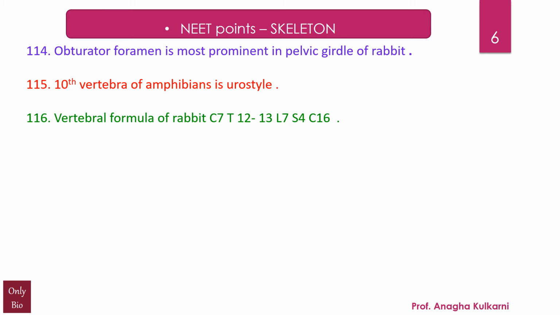Next, vertebral formula of rabbit is C7, that is cervical 7, thoracic 12 or 13, lumbar 7, sacral 4, and coccygeal 16. So we can read it as C7, T12 to 13, L7, S4, C16.